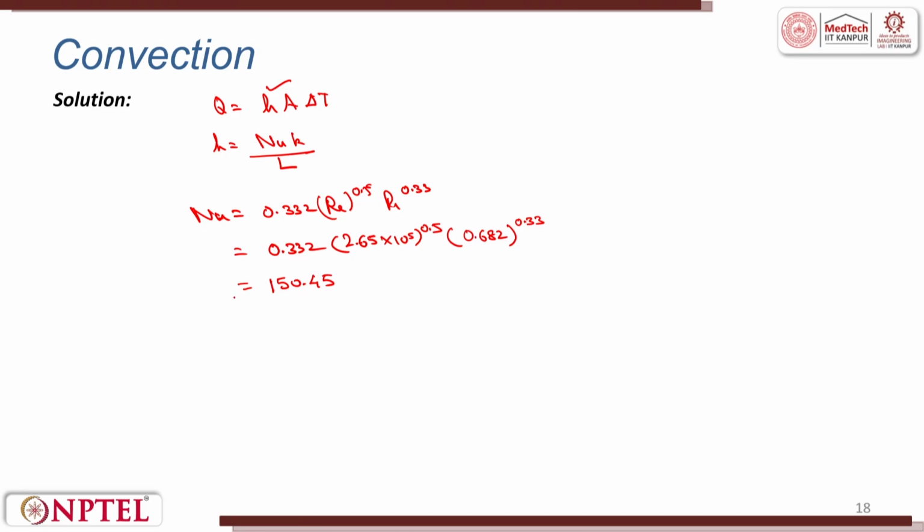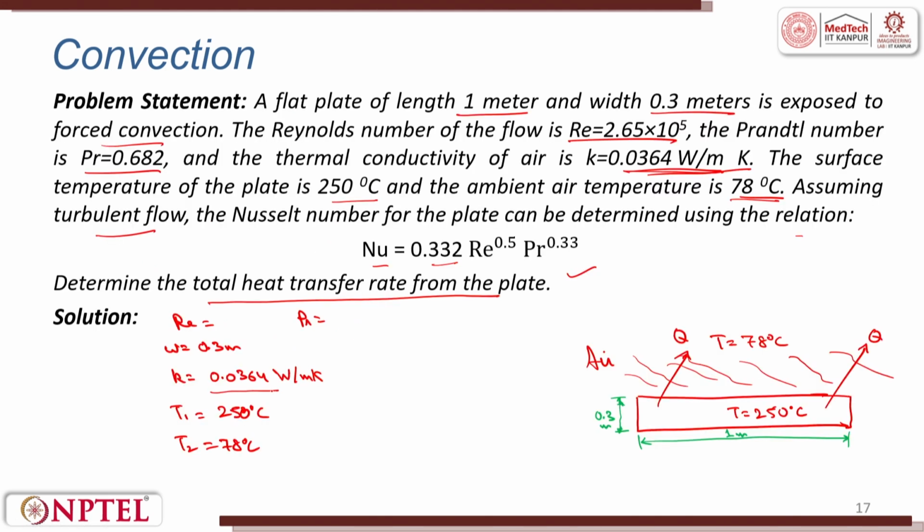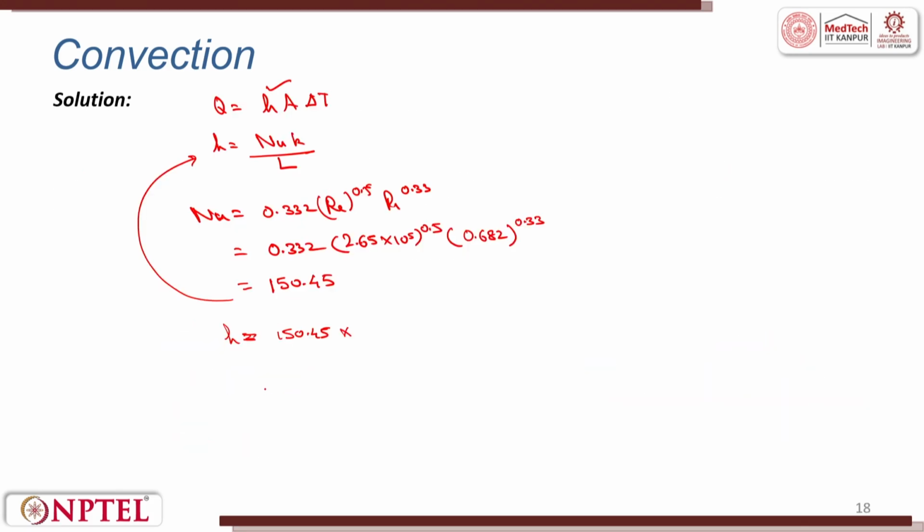Now putting this value in the above relation, I get H is equal to 150.45 into K, which is given as 0.0364 watts per meter Kelvin, by the length. Length is taken as 1. So we get the value of H as 5.47 watts per meter square Kelvin.